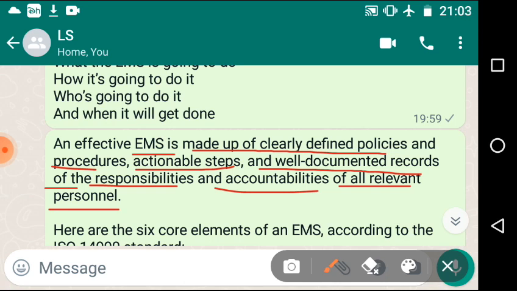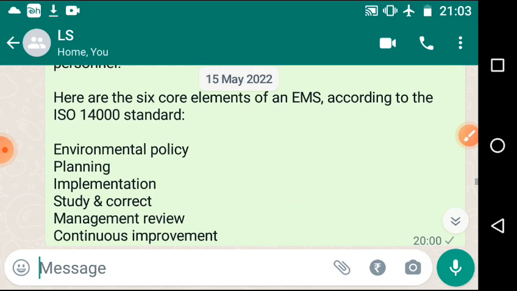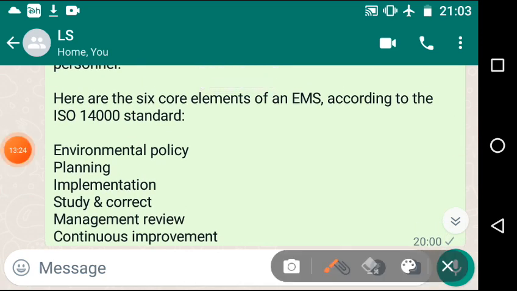So again I repeat, EMS is also mentioned in ISO 14000. It is made up of clearly defined policy, procedures, actionable steps, and well documented records of the responsibilities and accountabilities of all relevant personnel.